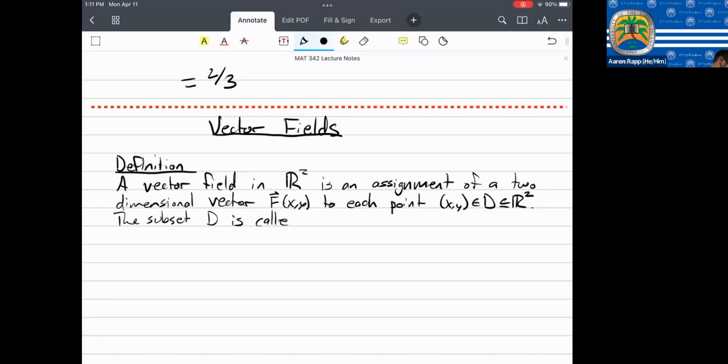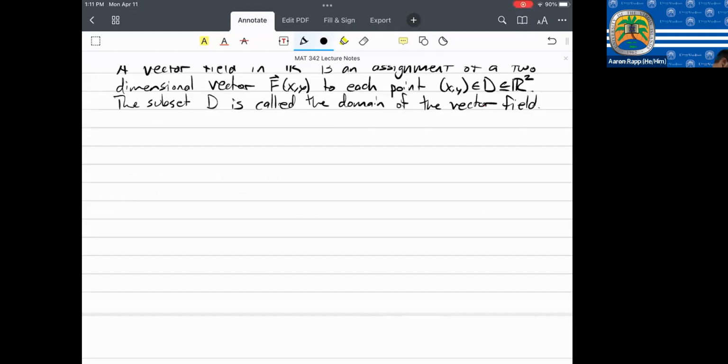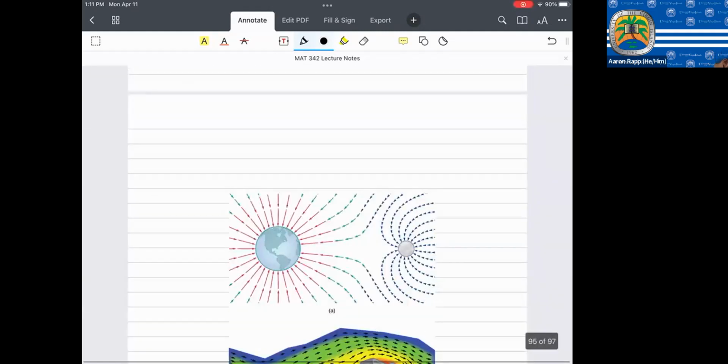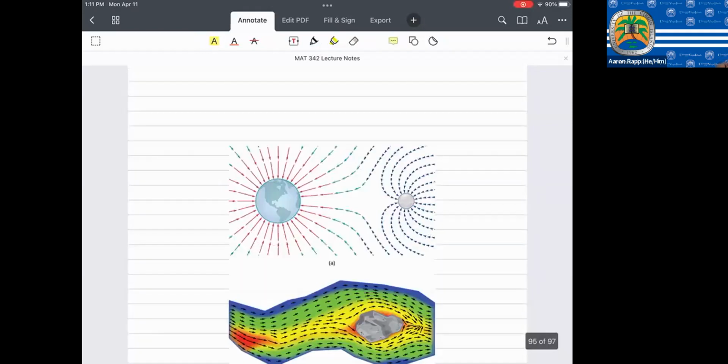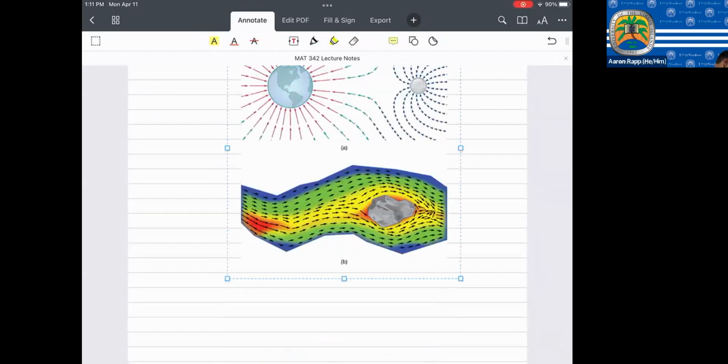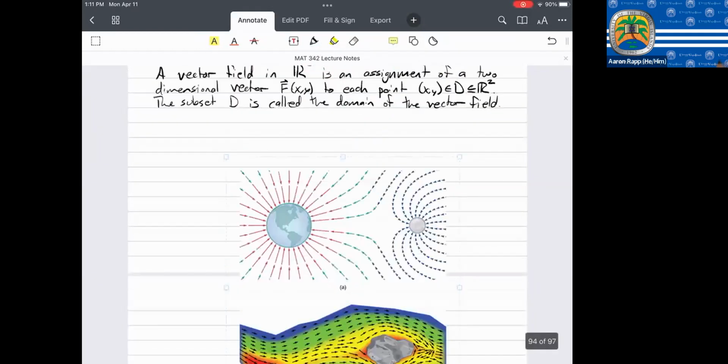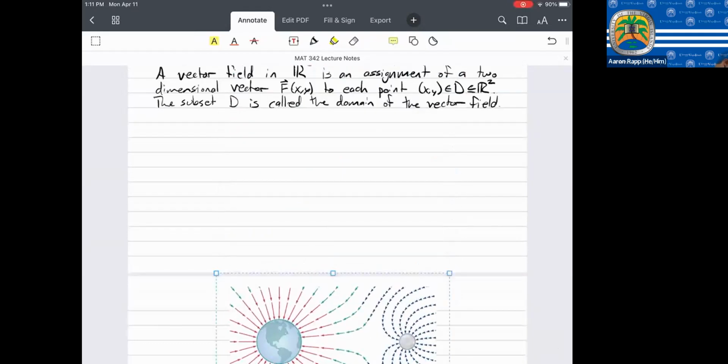That subset D is called the domain of the vector field. So 1 second, I wonder if I can get this picture up here. Nope, too big. I'll have to leave it on the next page.